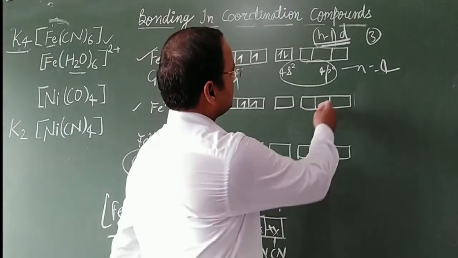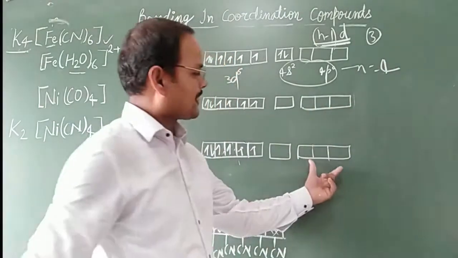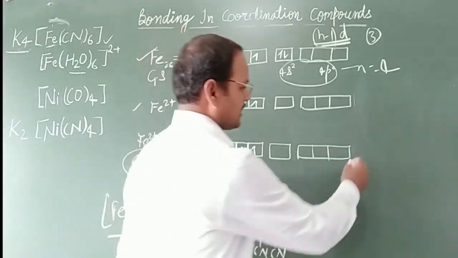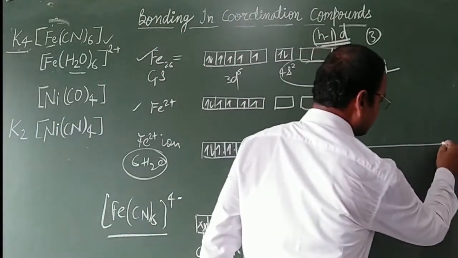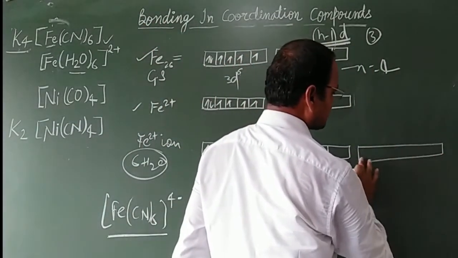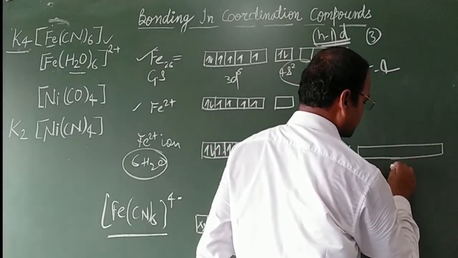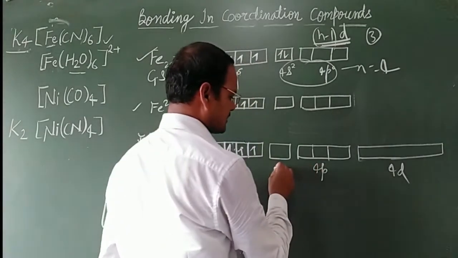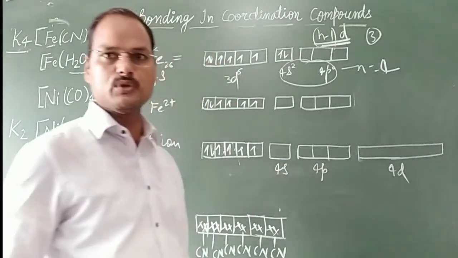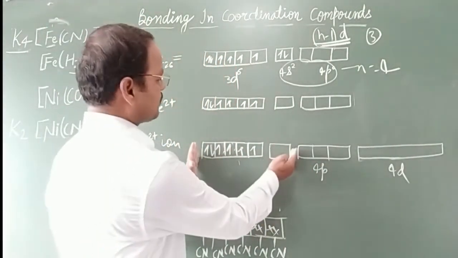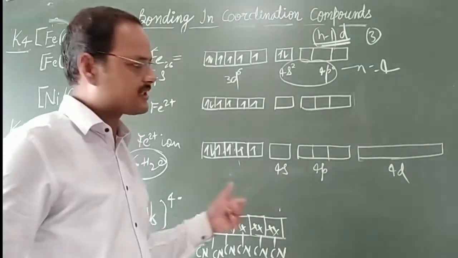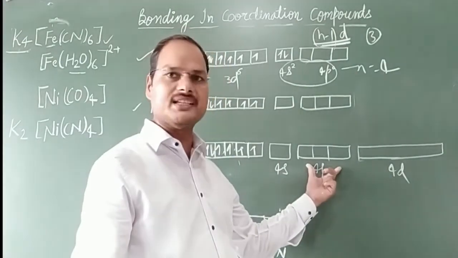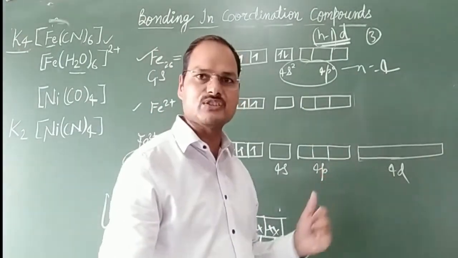We know that there is a p orbital, s orbital, which are empty, and after that there are 4d also. 4d orbitals are also empty. This is 4p and this is 4s. I hope you are getting. Up to here the electrons were present in iron, but after that there are orbitals, but there is no electron, means 4p is empty as well as 4d is also empty.